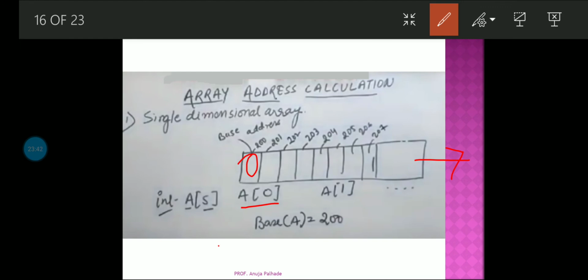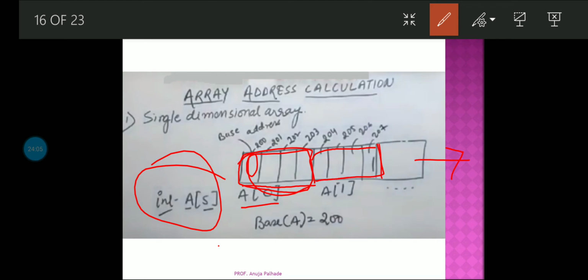This is the integer array A of 5, and each element has how much? 4 bytes. So 4 cells make one cell of the array, and the next 4 cells, 1 2 3 4, are A of 1, then the next 4 cells are A of 2, then the next 4 cells are A of 3.